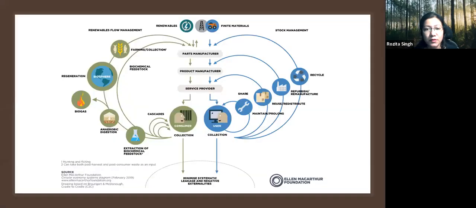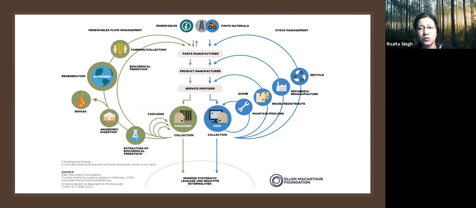So this is a very famous butterfly diagram of the Ellen MacArthur Foundation that presents the concept of circular economy. The first thing that most people notice is the separation into two distinct halves or circles. On the left side, you see the biological materials represented in green cycles. These are the materials that can safely re-enter the natural world once they have gone through one or more use cycles.